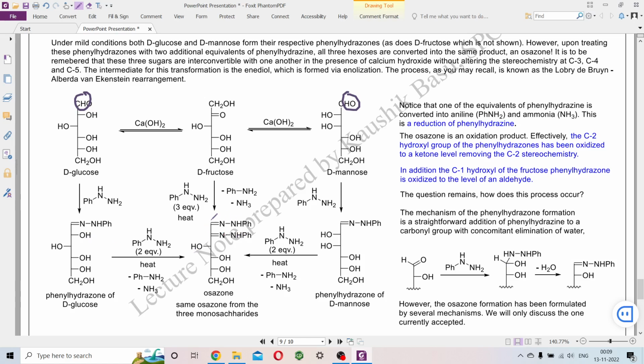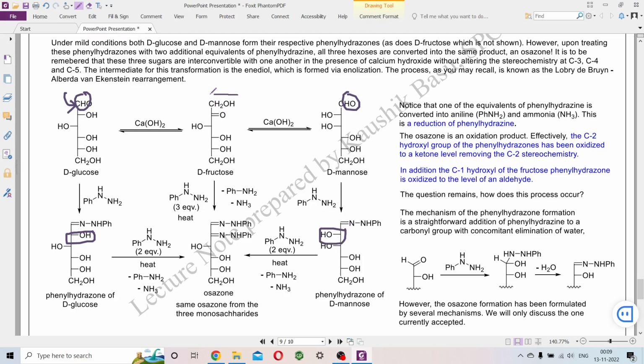And if you look carefully, the osazone is actually the oxidation product, because when you convert D-glucose to the corresponding phenylhydrazone, the oxidation state of this carbon is not changing. But when you get the osazone from the corresponding phenylhydrazone, the oxidation number of C2 is changing. Same is here.